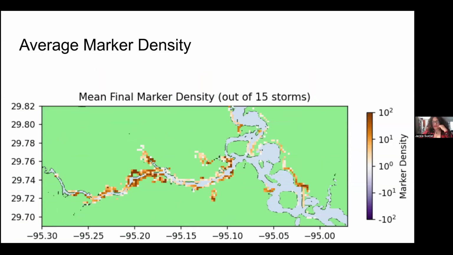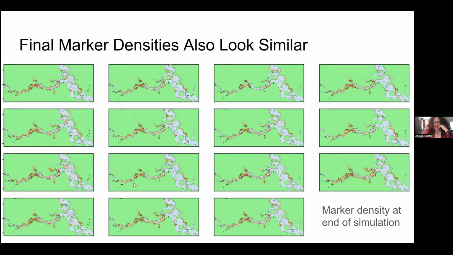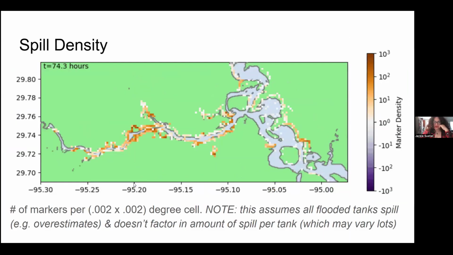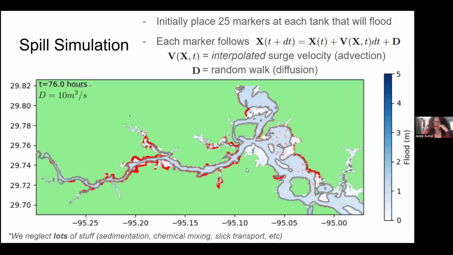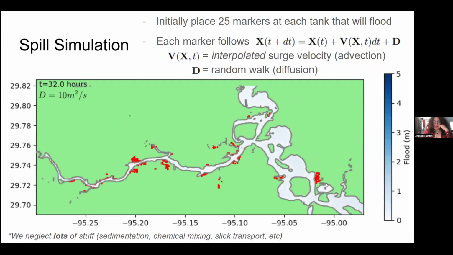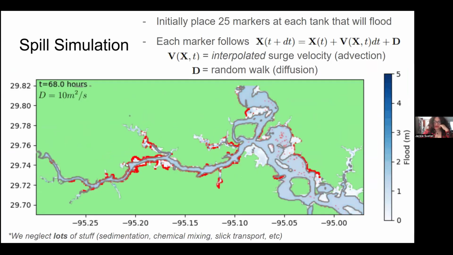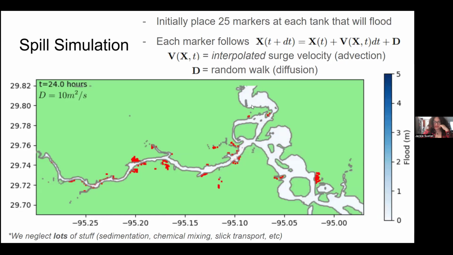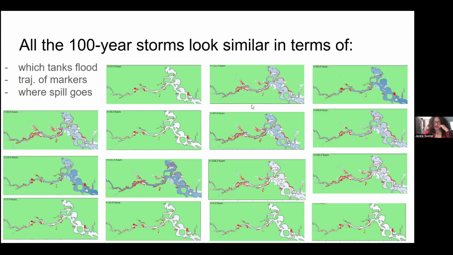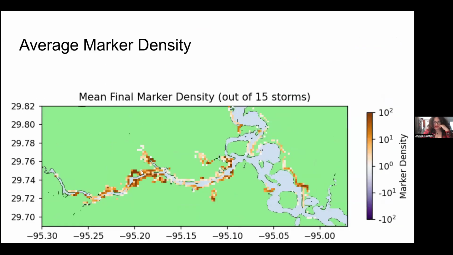You can see that it matches a little bit what we saw in the simulation. The surge comes in, this cluster goes around the coast, and the oil over here gets pushed out over there. And if we look at the mean density, we can see similar patterns. So this is the distribution of an average oil spill at this level of hazard.